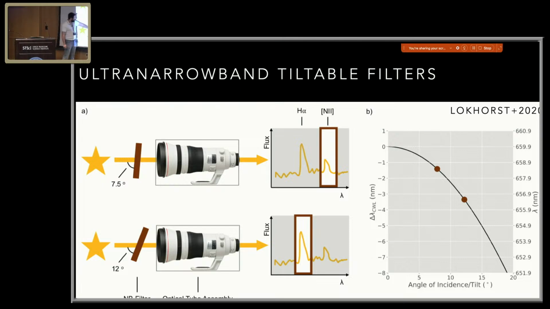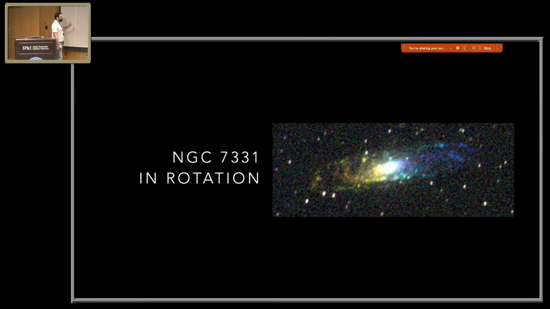By moving filters out here in front of the lenses instead of in the converging beam inside where your instrument would normally be, we can make our filters narrower than a conventional narrowband filter. And that actually allows us to tilt our filters to access different spectral lines like H alpha and N2 cleanly and separably in the same galaxy. Or we can go after one line like H alpha and tilt in order to get different velocity ranges.